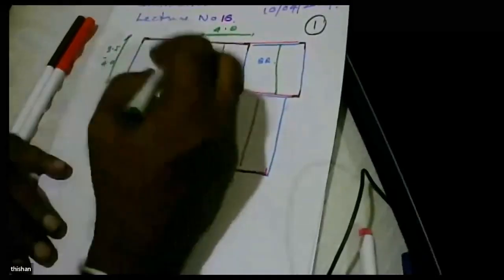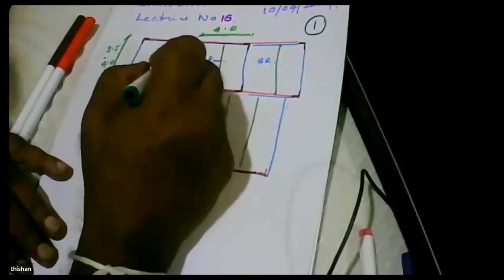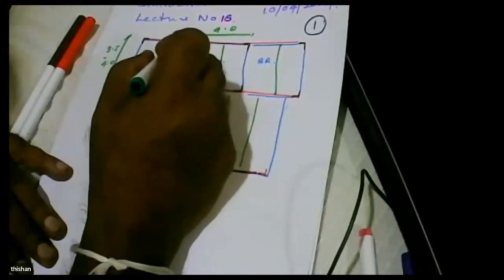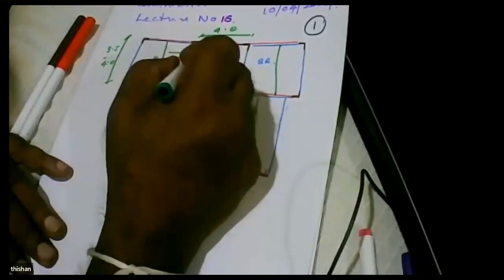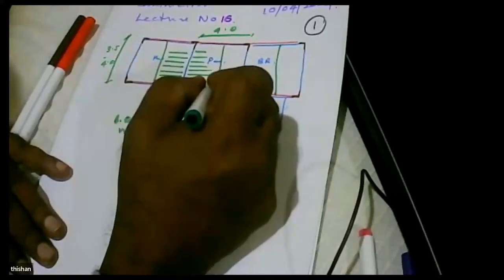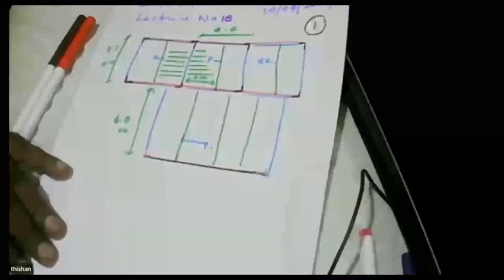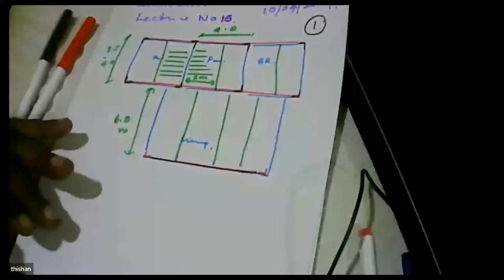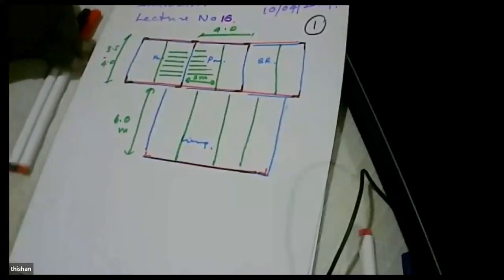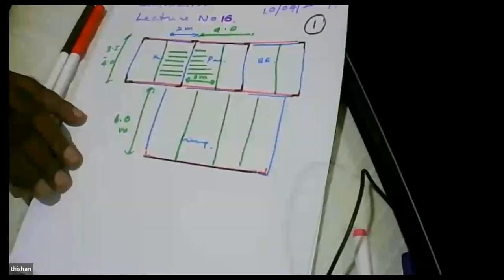These are the masonry walls, and the masonry walls will be carrying the load of a concrete slab spanning about 2 meters.